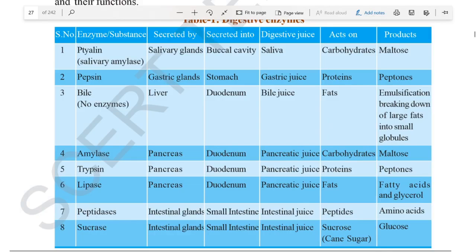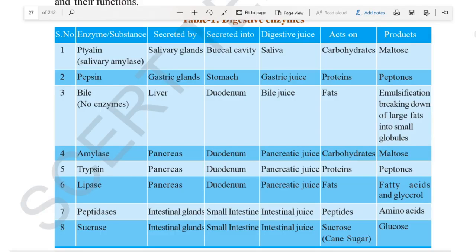And you should also remember where these enzymes are secreted. We take food through our mouth. In the mouth we have saliva, so the first enzyme is released from the salivary gland.